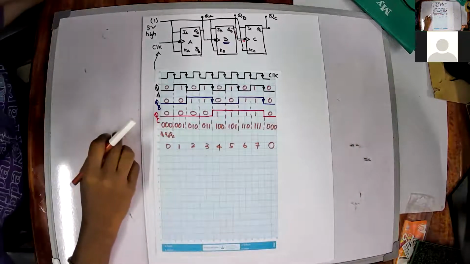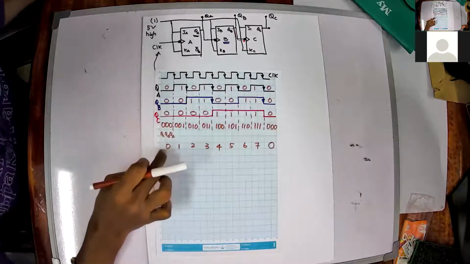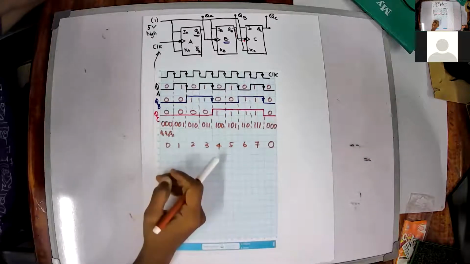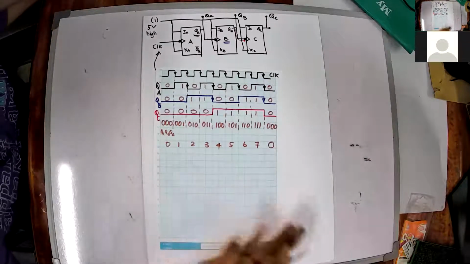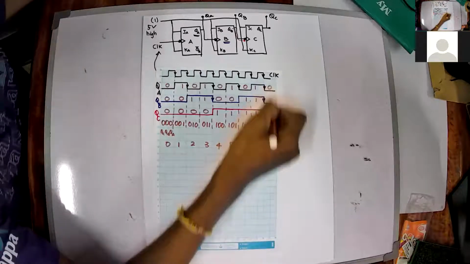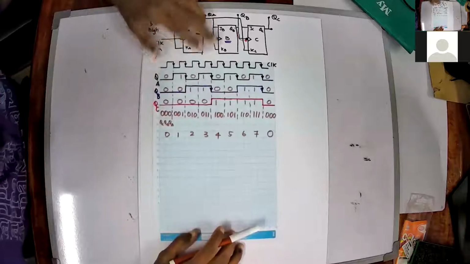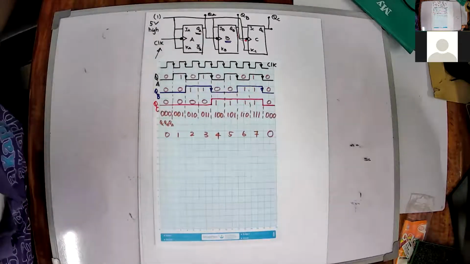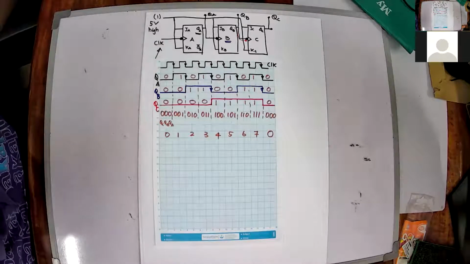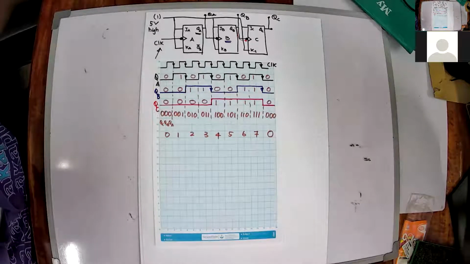You can draw it as per the diagram, and then you will get 0 to 15: 0, 1, 2, 3, 4, 5, 6, 7, 8, 9, 10, 11, 12, 13, 14, 15, and then 16 becomes 0, 0, 0 again. So these are called binary up counters. Now let's see how we can make a down counter.